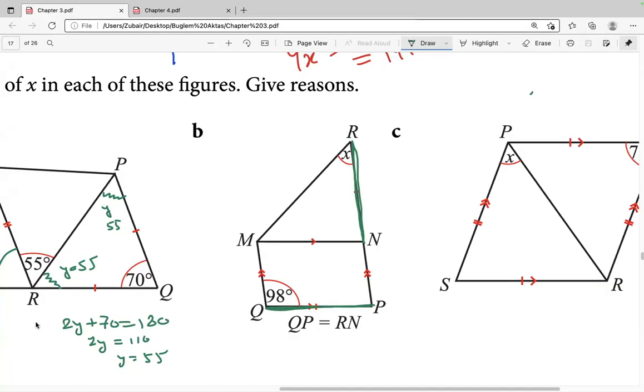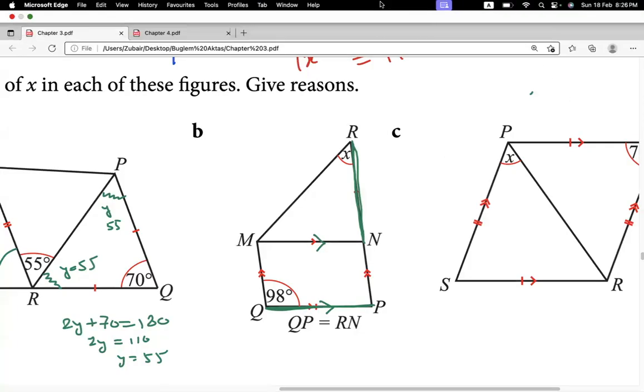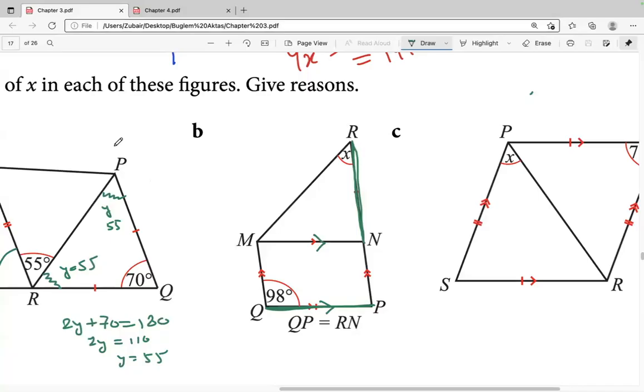And one pair of parallel lines is also given. I know that the other opposite angle is 98, and one of the angles of the triangle would be 82. And I know all of the angles in a quadrilateral add to 360, so 98 plus 98. And then, okay.